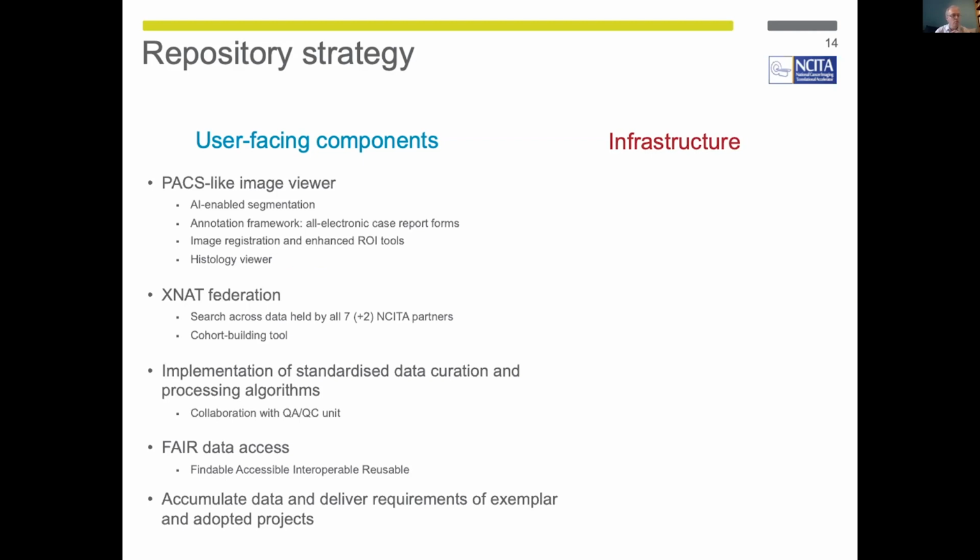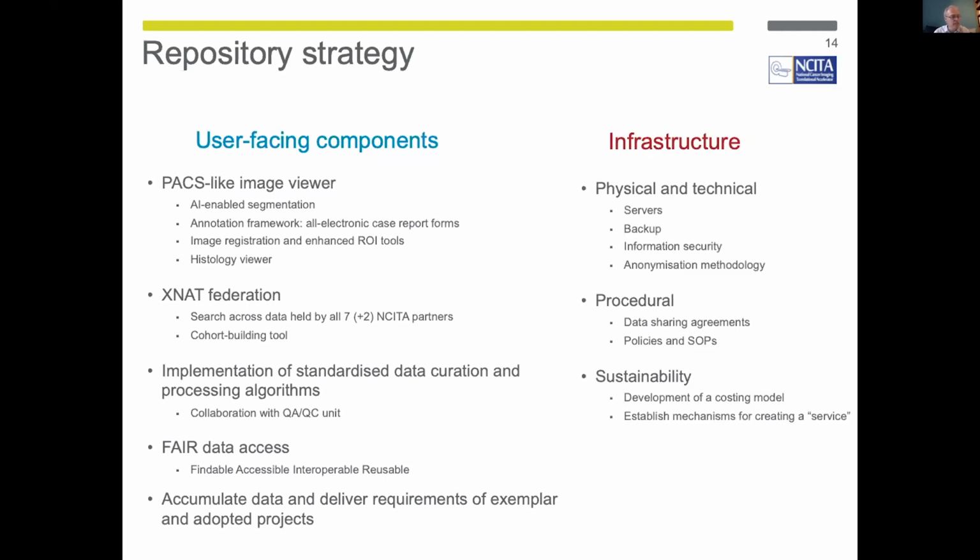But one of the major things that we're obviously going to be doing is accumulating data. And Chris Brew-Graves, the NCITA project manager, has a list that's getting ever longer of studies that want to be adopted by NCITA. So we hope to have no shortage of data coming into the platform. And all of this is going to be delivered with a tight focus on the physical, technical, and procedural infrastructure.